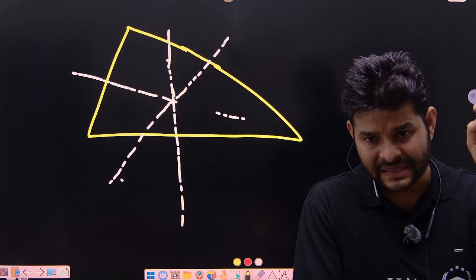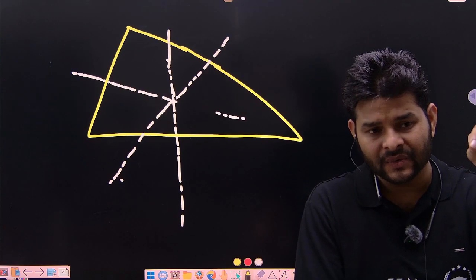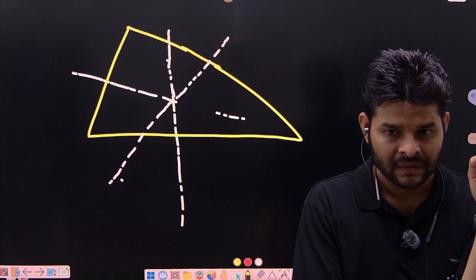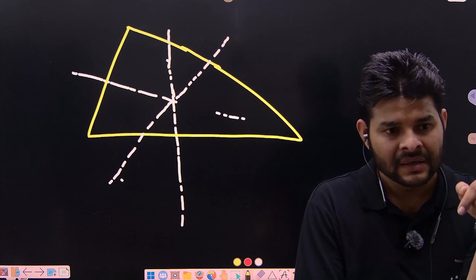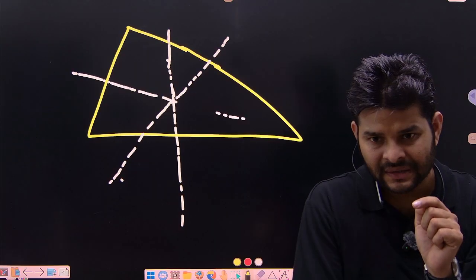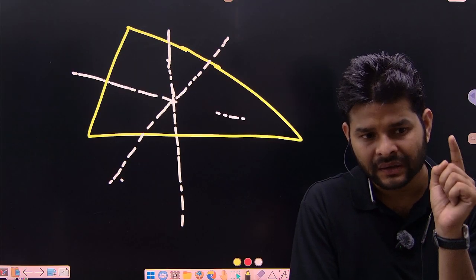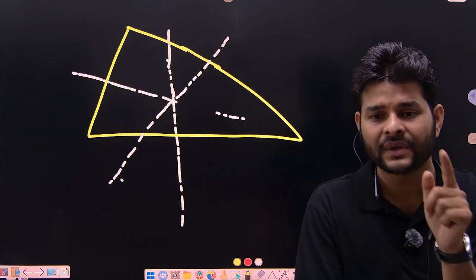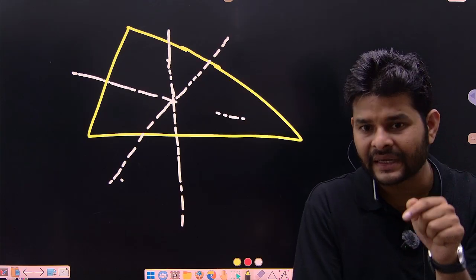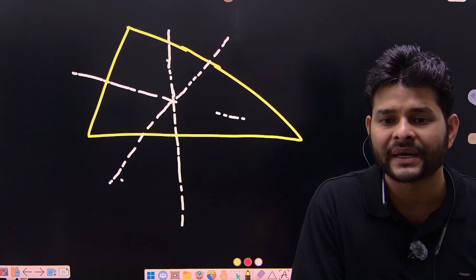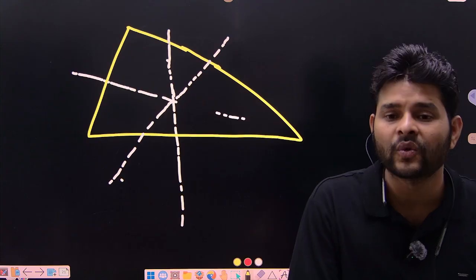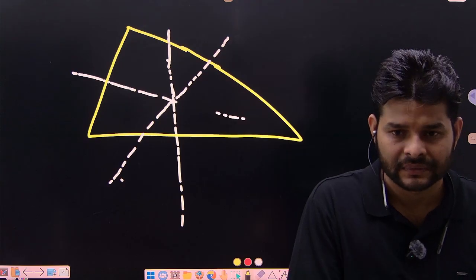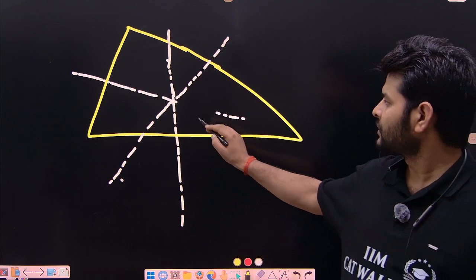In incircle radius, the center is the intersection of the angle bisectors. But in circumcircle radius, the center of the circle is the intersection point of the perpendicular bisectors of all the sides of the triangle. So make a note of it.